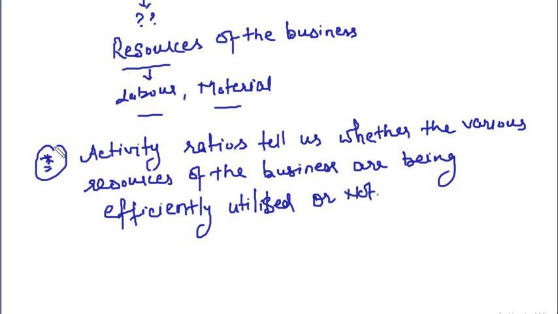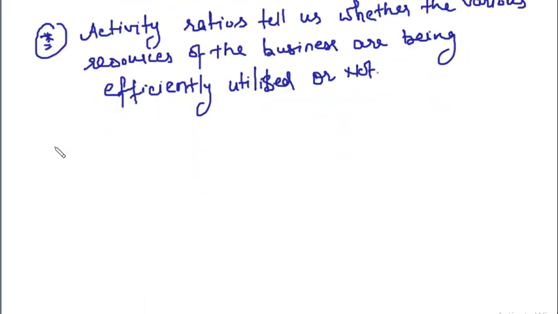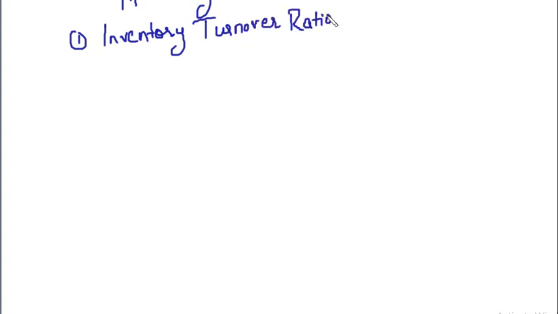Now, if we talk about the activity ratios, we have four types of ratios under the activity ratios, right? Under the activity ratio itself, we have four types of ratios. The first one is inventory turnover ratio. Right?